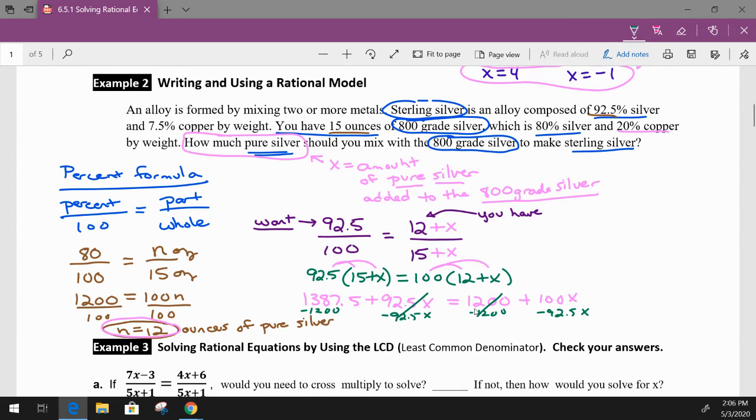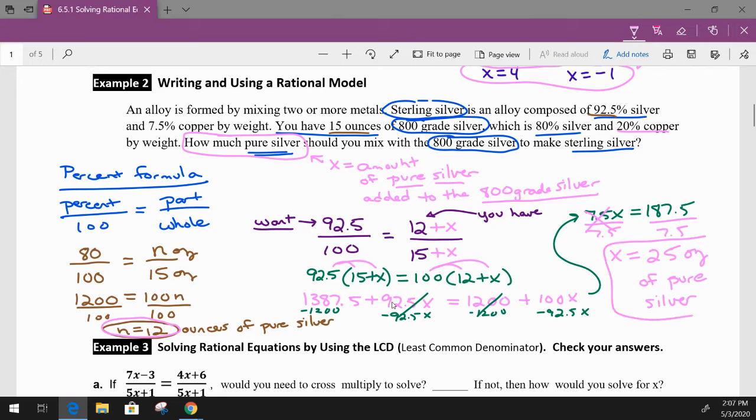So now my new equation would be, if I take the 100x minus the 92.5x, I get 7.5x equals the 1387.5 minus the 1200, which is 187.5. And then you would divide both sides by that 7.5. And now we get x, or the amount of pure silver that we have to add, will equal 25 ounces of pure silver.